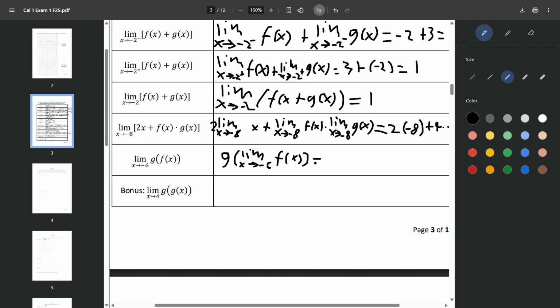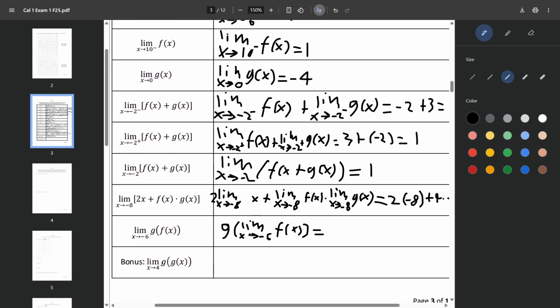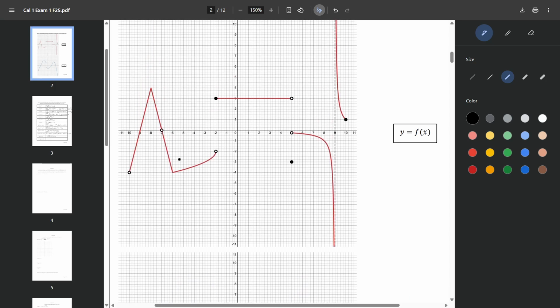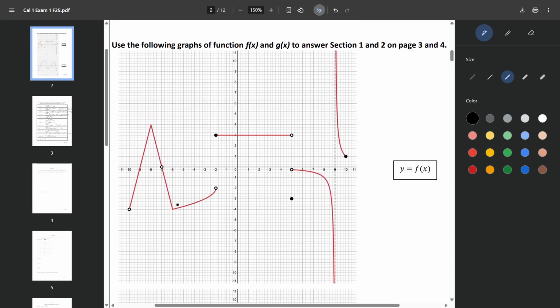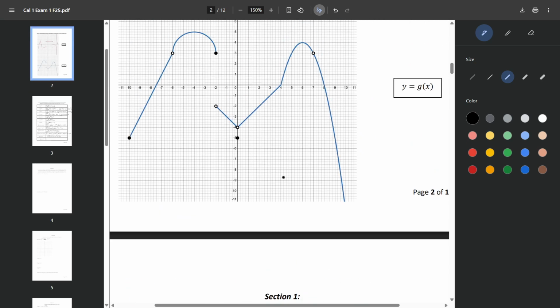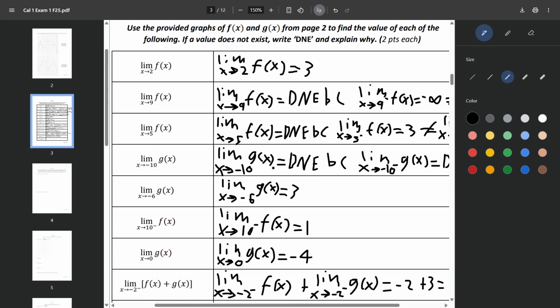And so we will go to see what f of x approaches at negative 6. So our limit does exist at negative 6, and it seems to be approaching negative 4. So we will rewrite this as g of negative 4. And at g of negative 4, our answer seems to be positive 5.